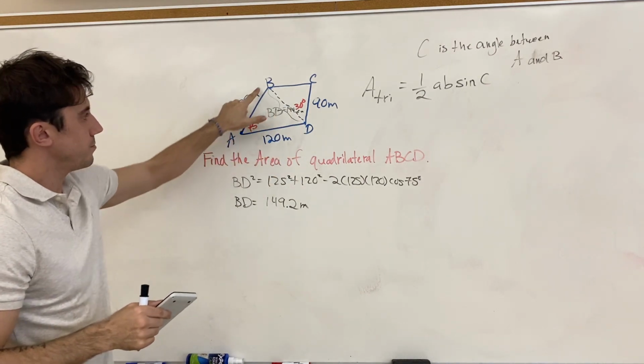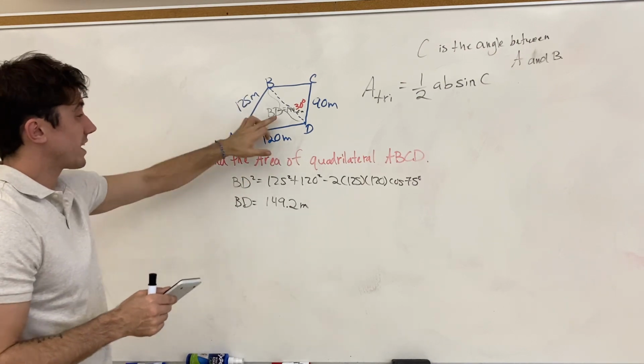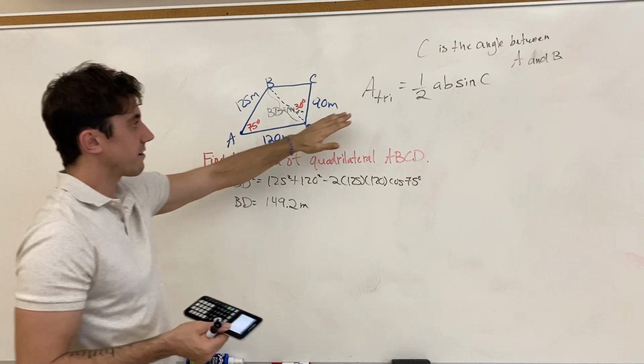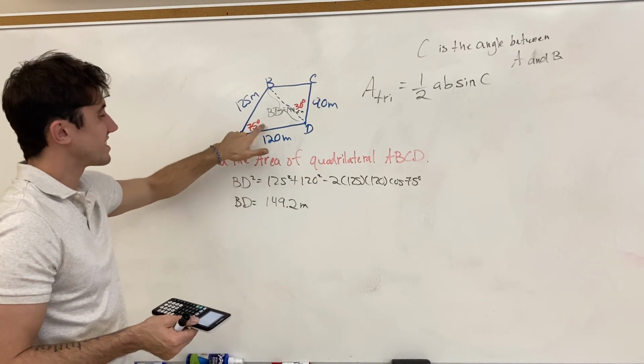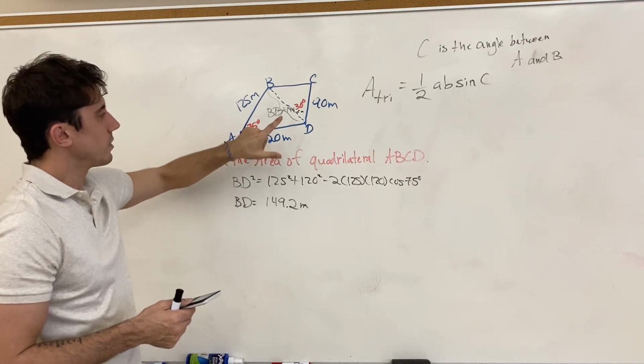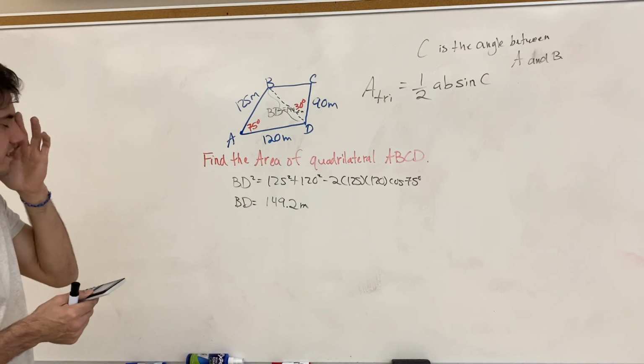Even before getting BD, we could have still gotten the area of that triangle by 1/2 times 125 times 120 times the sine of 75, but we'll likely need BD to finish off triangle BCD.